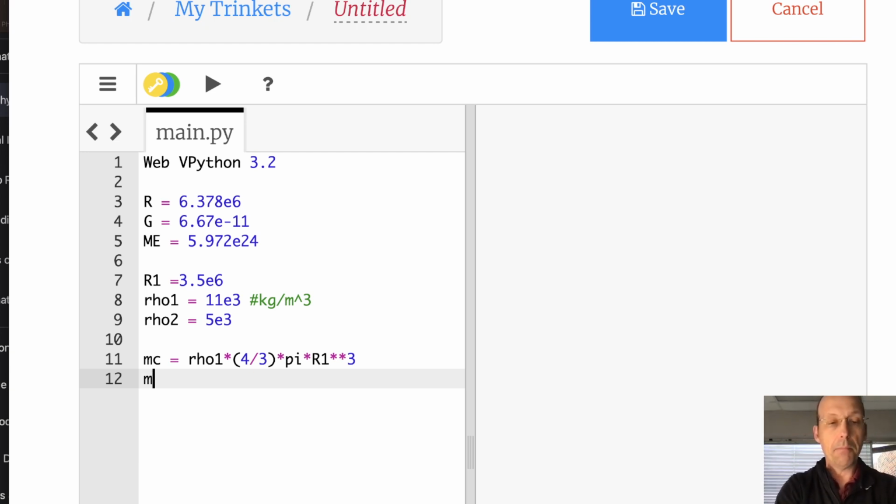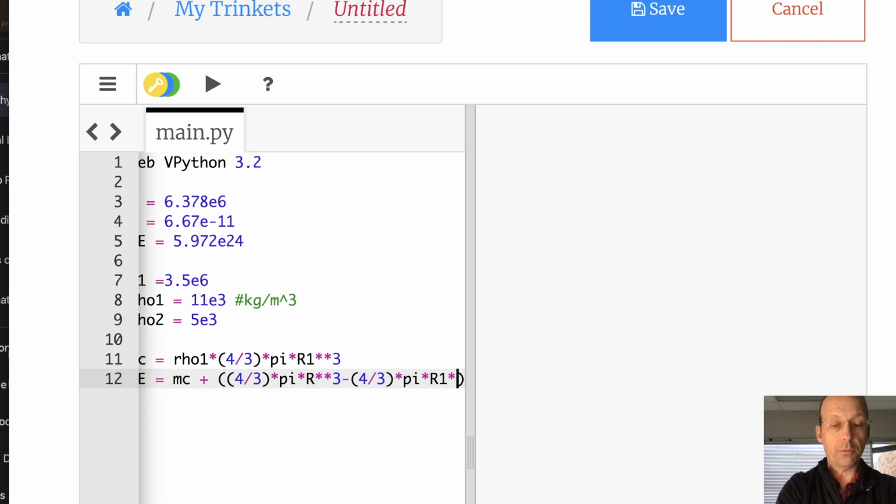So this is going to be, it's called ME for the mass of the Earth, because I changed that. It's going to be equal to the mass of the core plus the volume of the outside, which is going to be, in parentheses again, 4/3 times pi times the radius of the Earth, which is just r cubed, minus 4/3 times pi times r1 cubed.